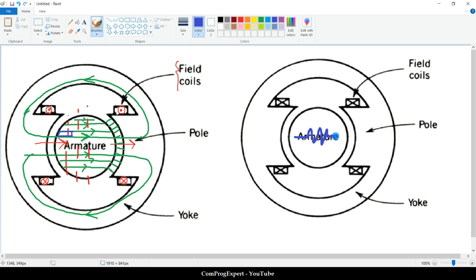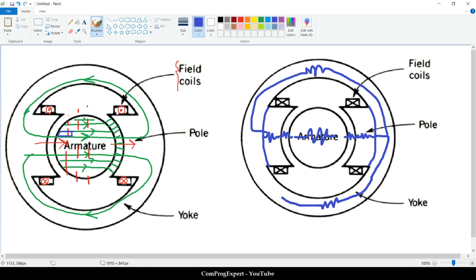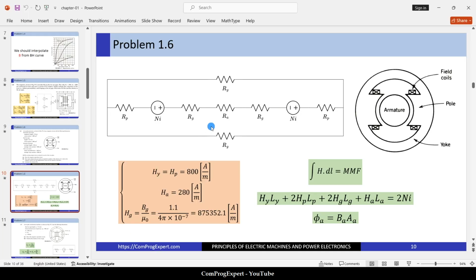This is the armature reluctance. We have one reluctance here, the air gap. One reluctance here. We have one reluctance for this pole and another reluctance for this pole. Finally, we have one reluctance for this half of the yoke, and another reluctance for this side of the yoke. And we have two magnetomotive force sources. So finally, you can draw this magnetic equivalent circuit.